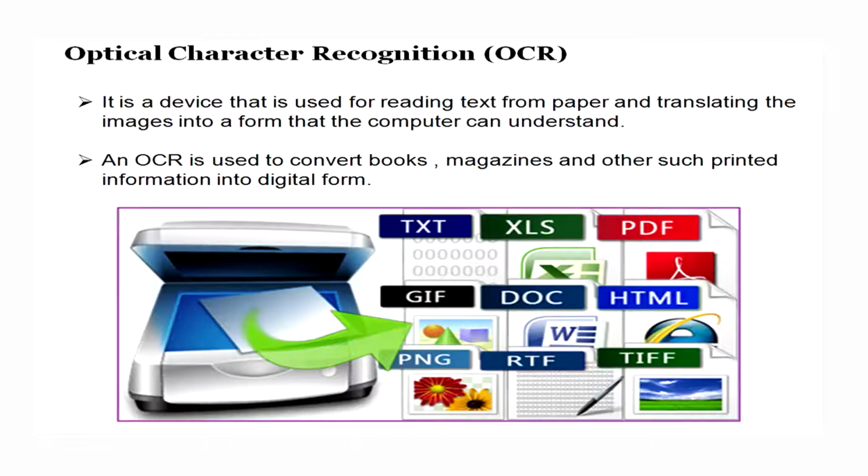Next, we have the OCR, the optical character recognition, a device that is used for reading text from paper and translating the images into a form that a computer can understand. You must have heard about various books that are being converted to digital form. The device that is used to do this is the OCR.